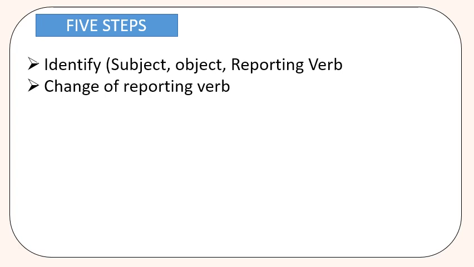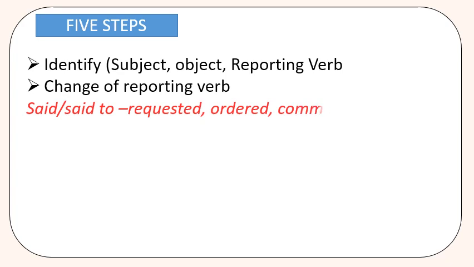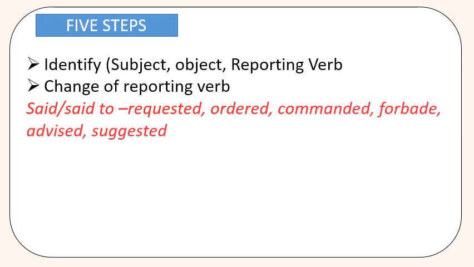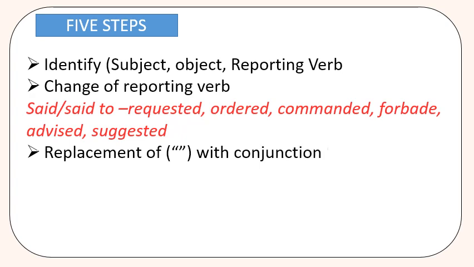So the reporting verb will change as per the sense. Said or said to converts into requested, ordered, commanded, forbid, advised, suggested according to the sense or meaning of the sentence. Number 3, replacement of inverted commas with conjunction to.